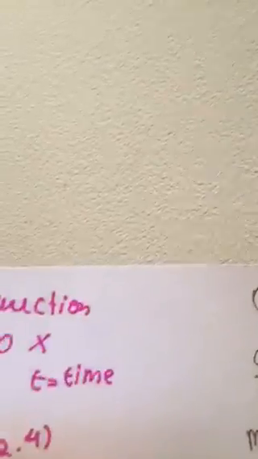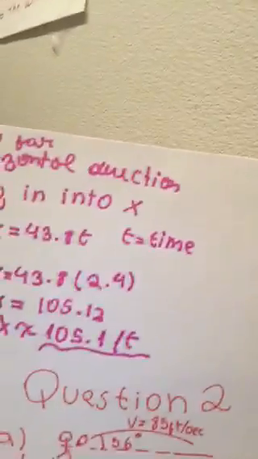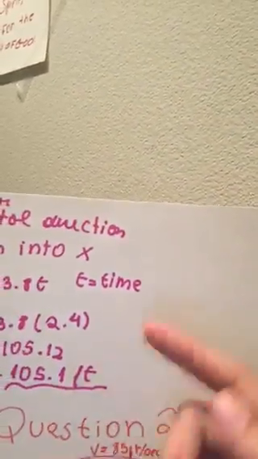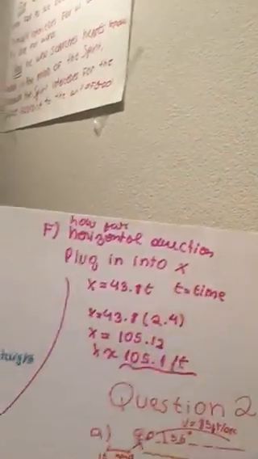Since our x equals 43.8 t, where t stands for the time, and we found the time here is 2.4, we're just going to plug it in and multiply by 2.4, which gives x equals 105.12, which is basically x equals 105.1 feet, because the 2 doesn't really change the 1 since it's not above 5.